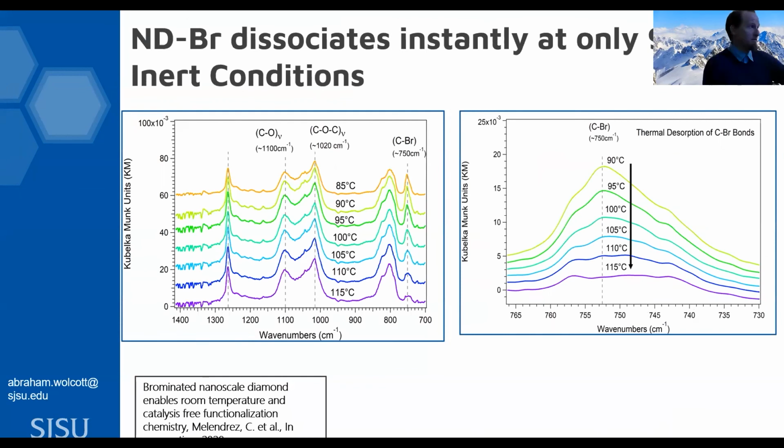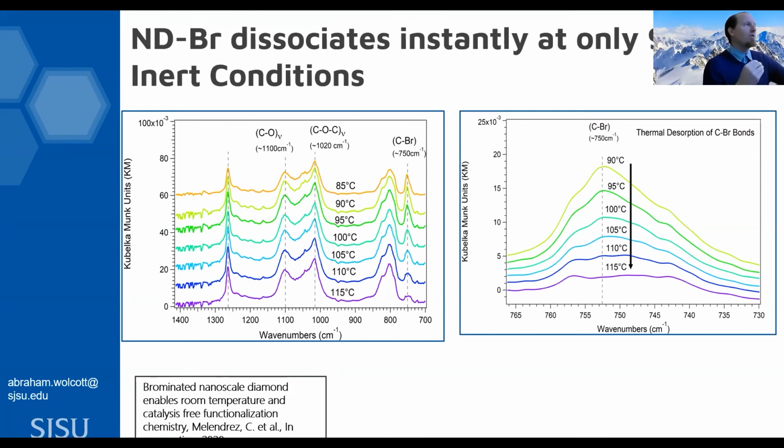We also found that this carbon-bromine bond in inert conditions, in nitrogen, and this is where we're using temperature-programmed desorption spectroscopy, that we can cleave the carbon-bromine bond at about 80 to 90 C. So even before you would have the desorption of water from a sample, we're already breaking the carbon-bromine bond.